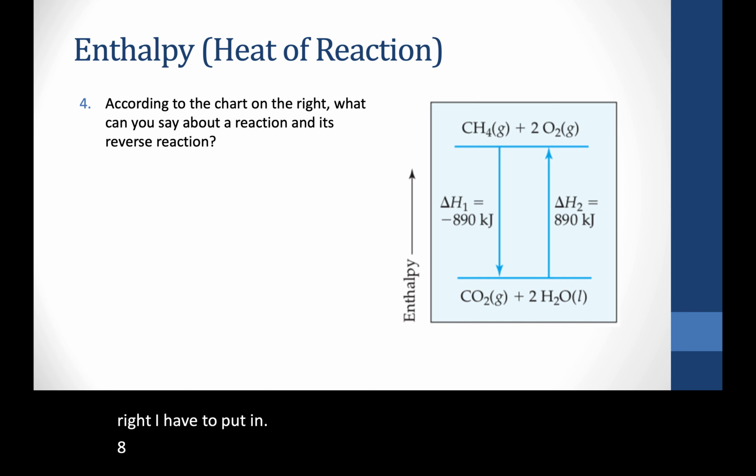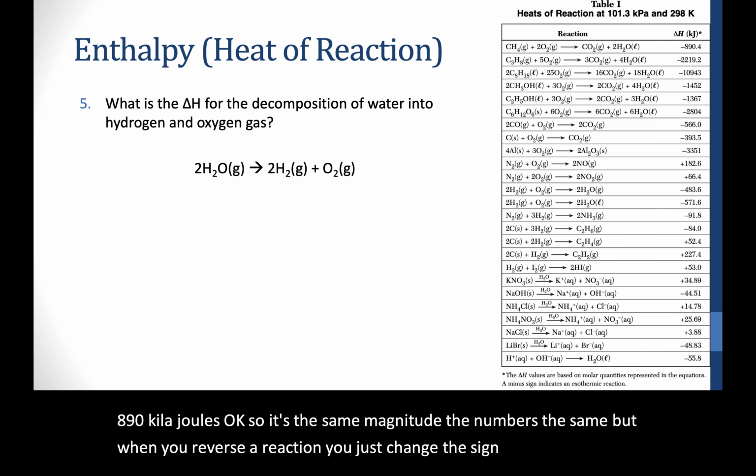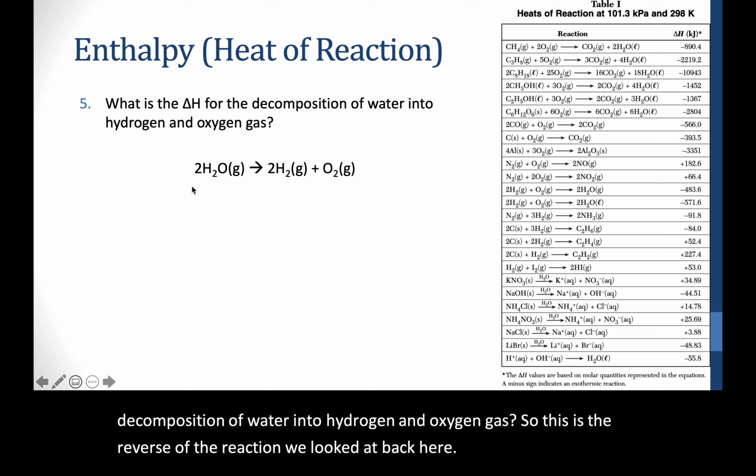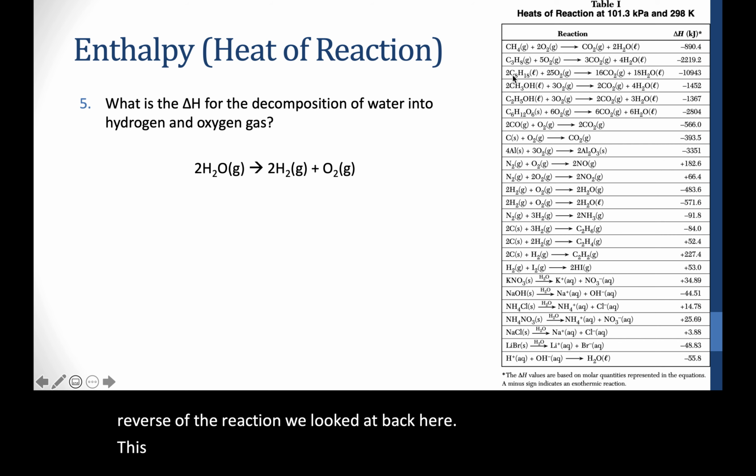Okay, so with that in mind, what's the delta H for the decomposition of water into hydrogen and oxygen gas? This is the reverse of the reaction we looked at back here. Notice this reaction is nowhere to be found as it's written in our table. However, it's the same thing as this reaction, just backwards. We're going from 2H2O to making oxygen and hydrogen.